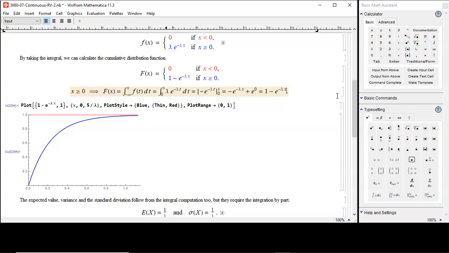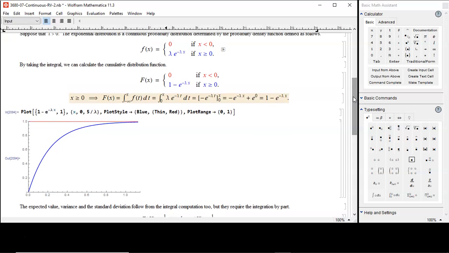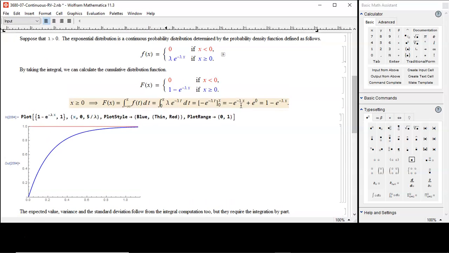So integrate from negative infinity to x, f of t dt, and from negative infinity to 0, there's nothing there. So the integral is actually from 0 to x, of this lambda e to the negative lambda t expression, as in the density. And then the rest is just antiderivative computation and the fundamental theorem of calculus.